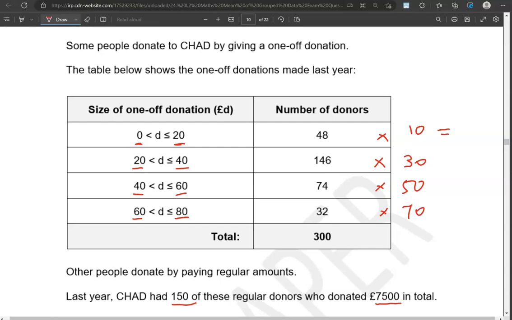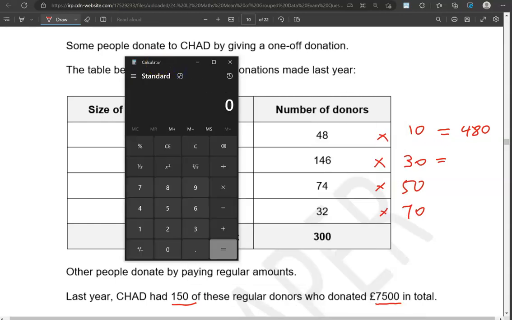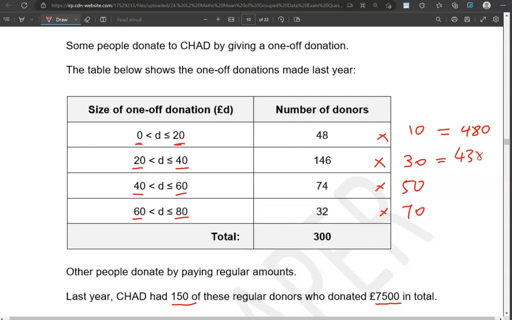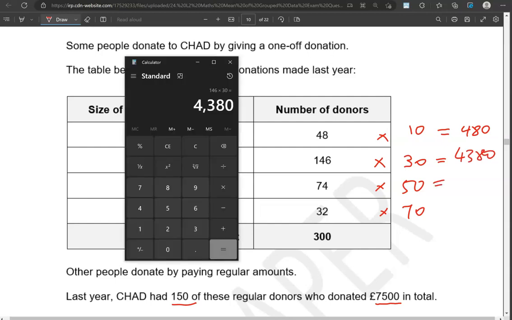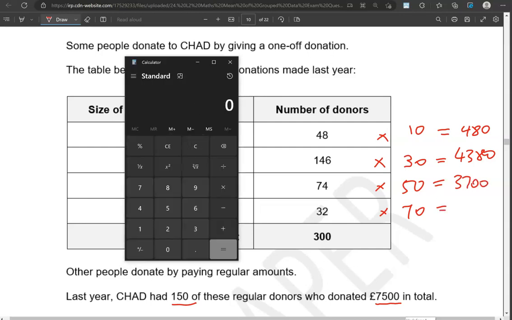So 48 times 10 is 480, 146 times 30 is 4,380, 74 times 50 is 3,700, 32 times 70 is 2,240.